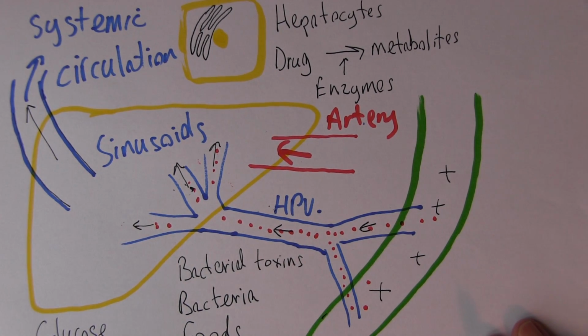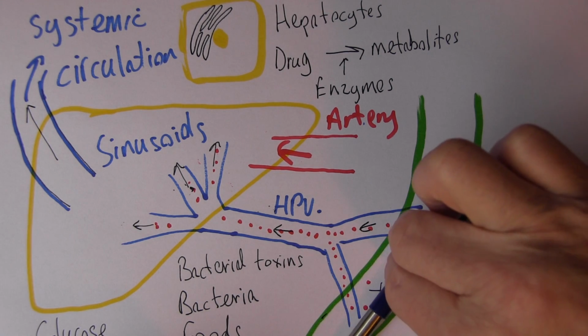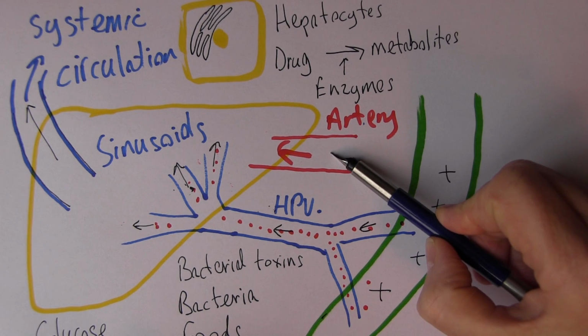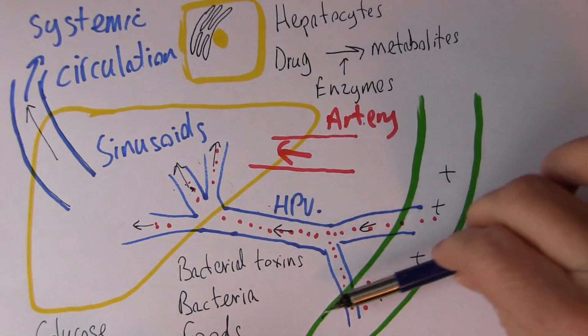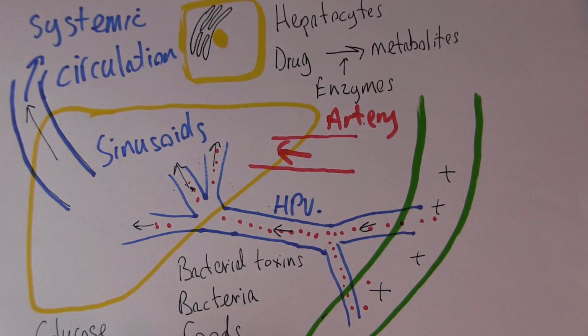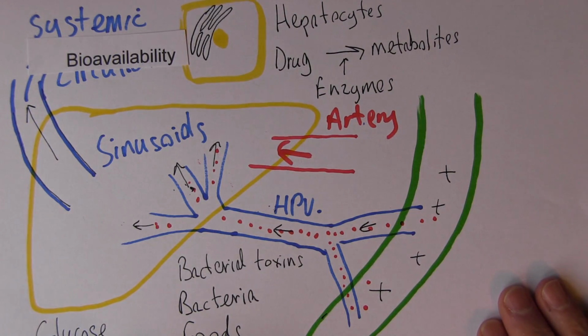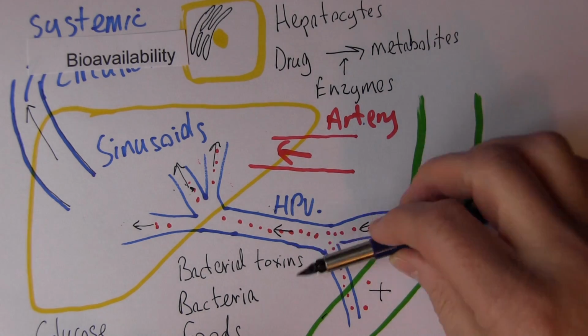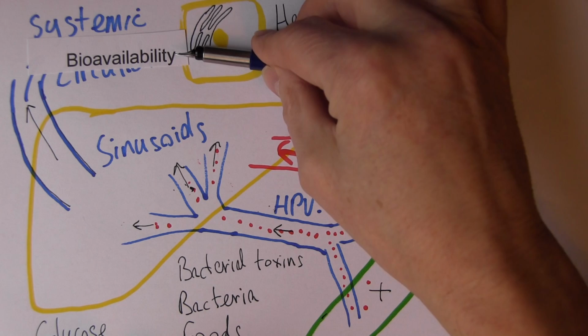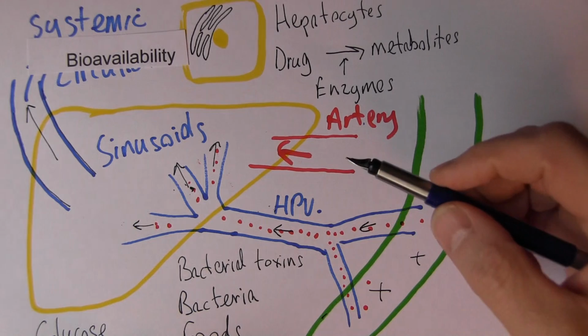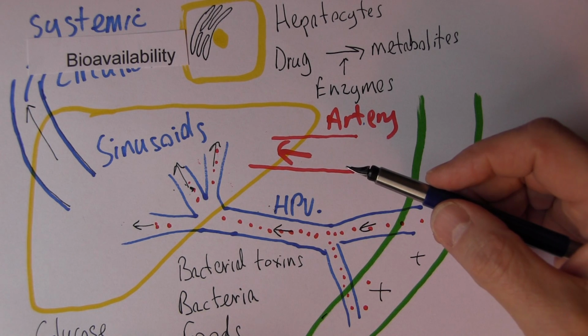This is important because it explains why we often give a higher dose of drug enterally than we would give if we're giving the drug parenterally, because we can only get so much of the drug through the liver to be bioavailable, the bioavailability. So typically first pass effects, first pass metabolism, are going to reduce the bioavailability of an active drug, or sometimes give us useful metabolites, and other times break the drugs down into metabolites prior to excretion.